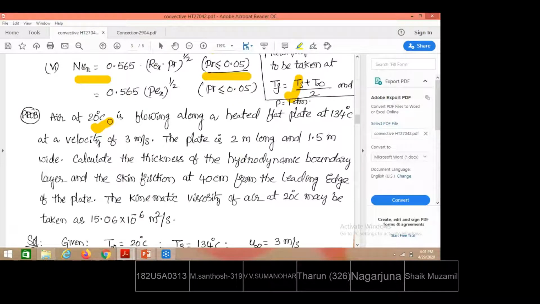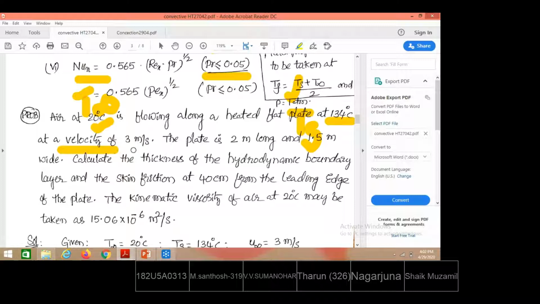That means the fluid temperature, T infinity, is 20 degrees centigrade, and it is flowing along a heated flat plate. The plate is hot, with plate temperature Ts, or Tw, of 134 degrees centigrade. The air at T infinity of 20 degrees centigrade is flowing at a given velocity, so one can say this problem comes under forced convection.